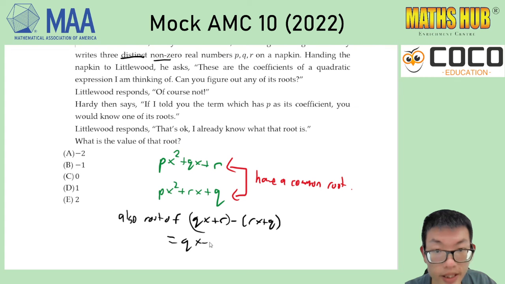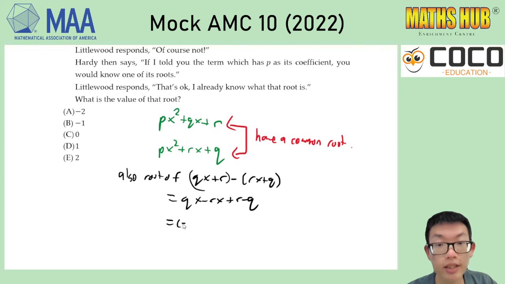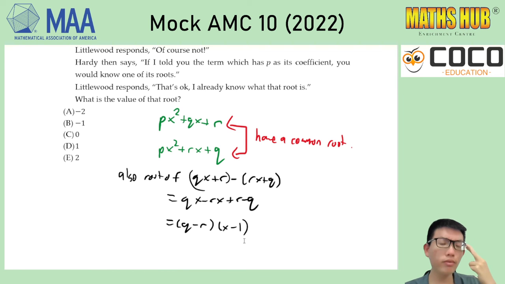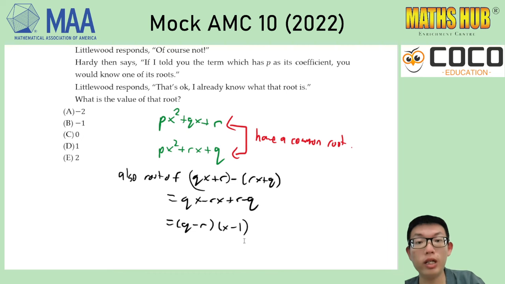This is Qx minus Rx plus R minus Q, and this can be factorized. It is (Q minus R)(x minus 1). So my common root would also be a root of this. That means that x is 1, right?